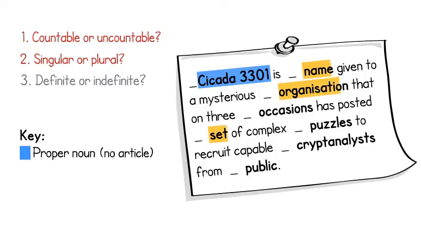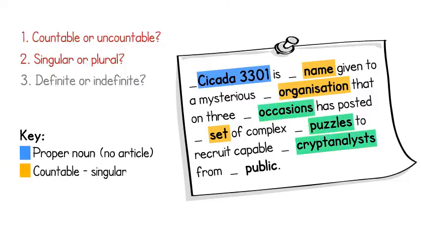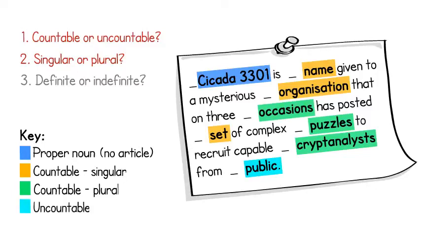The nouns name, organisation, and set are all countable and singular. The nouns puzzles, occasions, and cryptanalysts are countable and plural, and the final noun, public, is uncountable. We have now answered our first two questions about each of the nouns in this sentence.